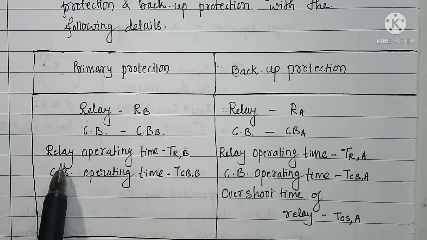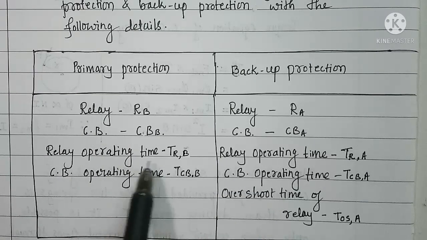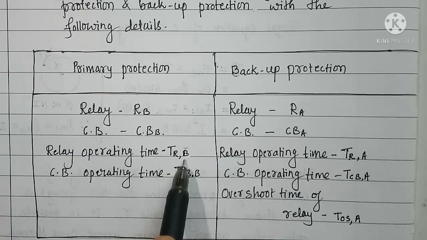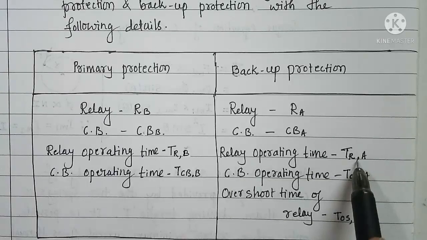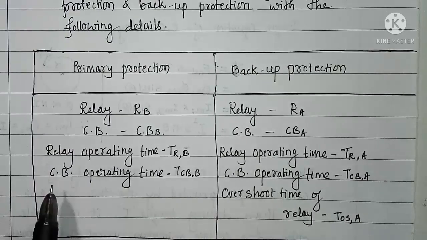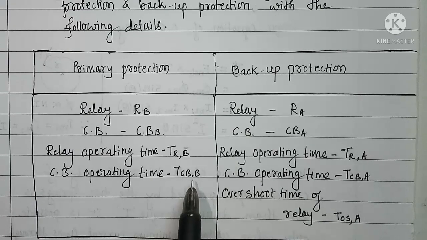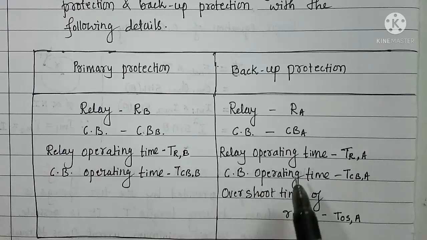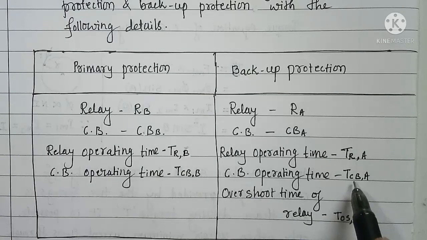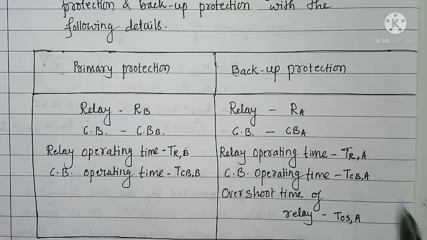For primary protection, relay operating time is TRB, and that for backup protection, relay operating time is TRA. Circuit breaker operating time for primary protection is TCBB, and that for backup protection it is TCBA.